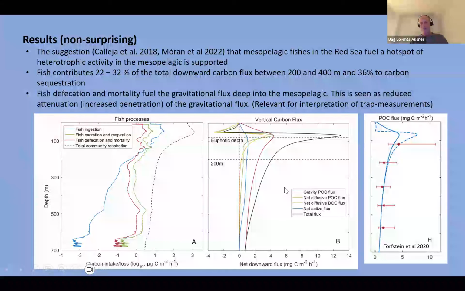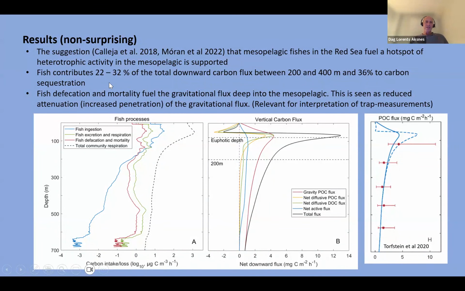In this panel, we have the vertical carbon flux, which has been divided into the gravitational POC flux, the net diffusive POC flux, the net diffusive DOC flux, the net active flux, which is by migration, and also the total flux here. We are going to look at that kind of plot also later.